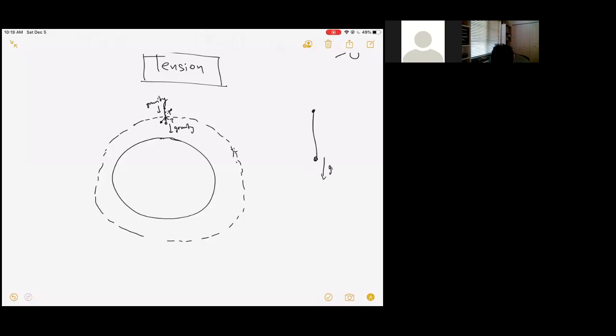So gravity, tension, and now there'll also be centrifugal force. This is working in the rotating frame.